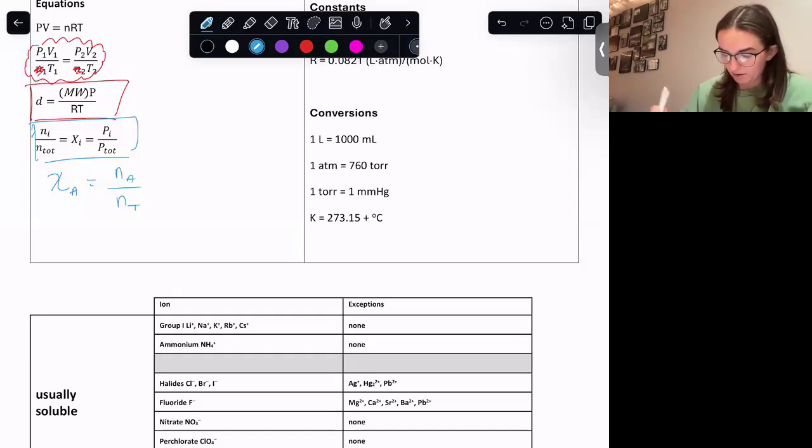Okay, so that means the number of moles is related to the pressure of that system. I'll do it differently.